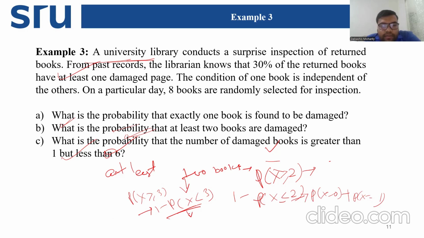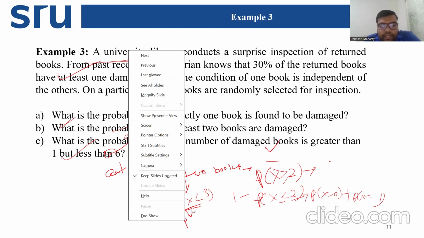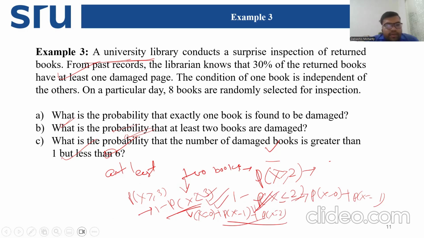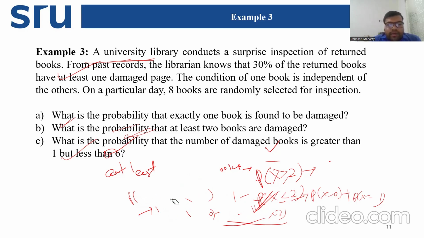That means we will calculate the probability of x equals 0 plus x equals 1 plus x equals 2, like that. At least this value. That means at least two value, right? Okay. Everybody understood? These are very simple concepts actually. So we need to only focus on what the question is asking about. That is the main motive of the question.